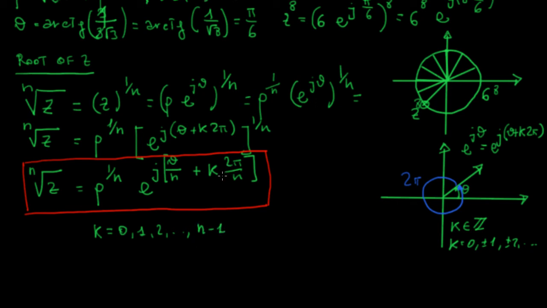In fact, for each of these k values, we get a different value of the root. And if we go up to n, as soon as we replace k with n, we find exactly the same value that we obtained for k equals 0, because e to the j theta is a periodic function.